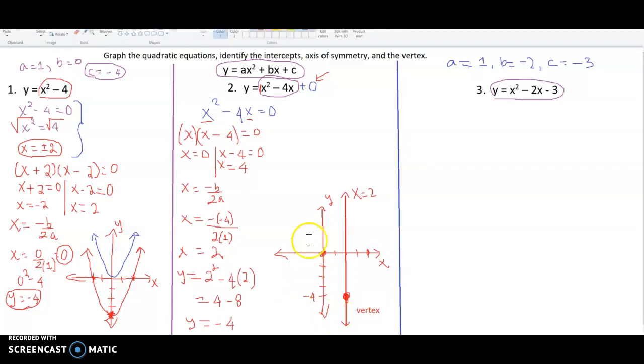Alright, so now I think I have enough to sketch my graph. To draw my parabola. There it is. And then go up. Boom, there is my U shape, my parabola shape. Okay, so you noticed something that I'm going to tell you right now. If the b terms are negative, then the parabola shifts to the right.